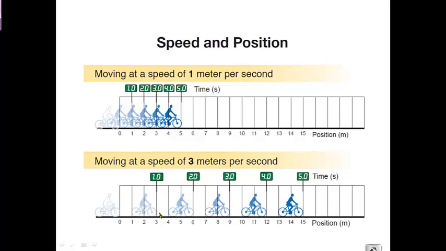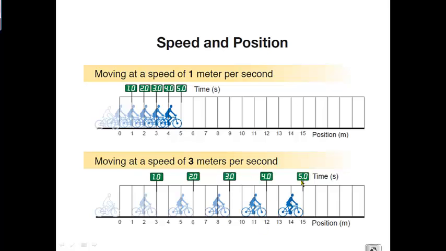This bicycler down here is traveling 3 meters per second. So every second that he travels, he goes 3 meters. So in the first second, he goes 3 meters. In the second second, he goes another 3 meters. In the third second, he goes another 3 meters. In the fourth second, he goes another 3 meters, and so on.